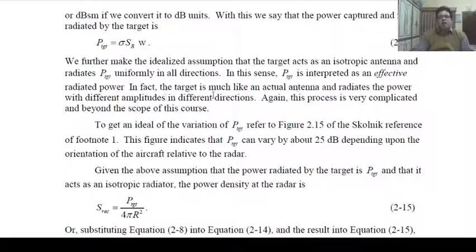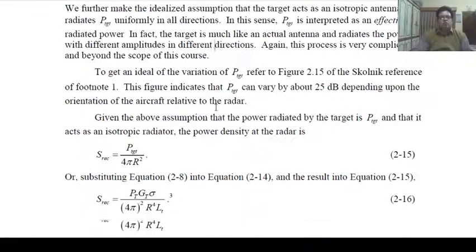In fact, the target is much like an actual antenna and radiates the power with different amplitudes in different directions. Again, this process is very complicated and beyond the scope of this course. To get an idea of the variation, refer to figure 2.15 of the Skolnik reference of footnote 1. This is taken from some paper.